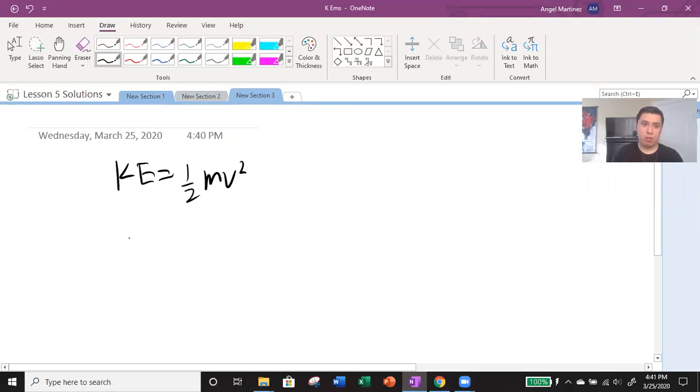Don't forget squared. And know how to calculate gravity potential as mgh, m times g times h. These are all multiplication. There's no addition, subtraction, or division involved when you're just solving it like this. So know these two equations.